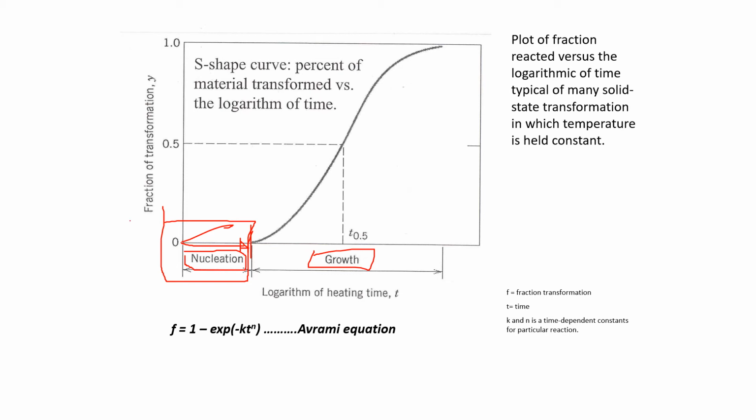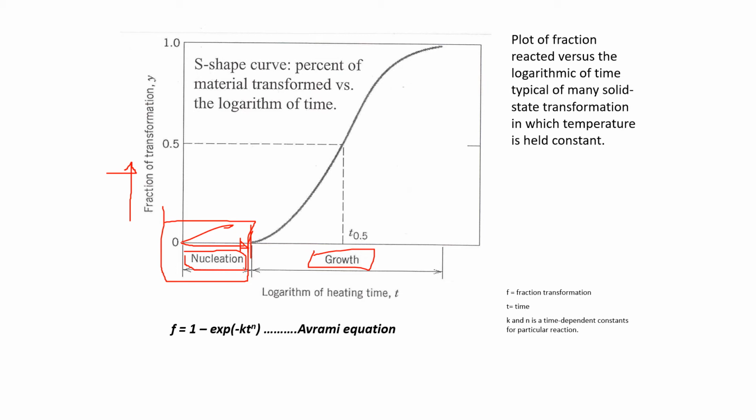The vertical axis, fraction of transformation, ranges from 0 to 1. During the growth stage, these nuclei increase in size, which results in the disappearance of some or all of the parent phase.